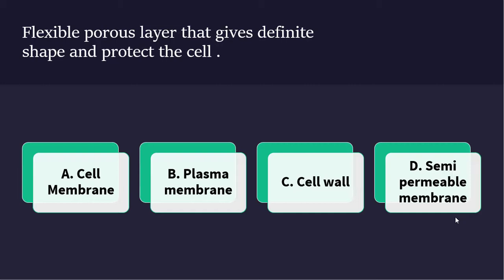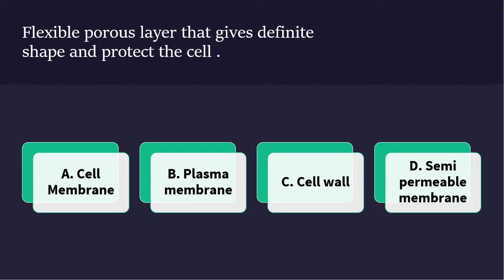Cell membrane, plasma membrane, and semi-permeable membrane are all the same. The different one is the cell wall. Actually the cell wall is flexible, as I told you previously before this evaluation. I think the cell wall is the correct answer.